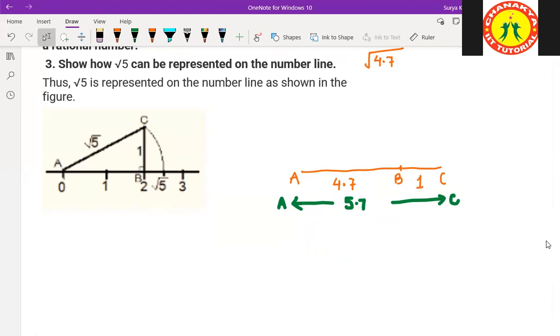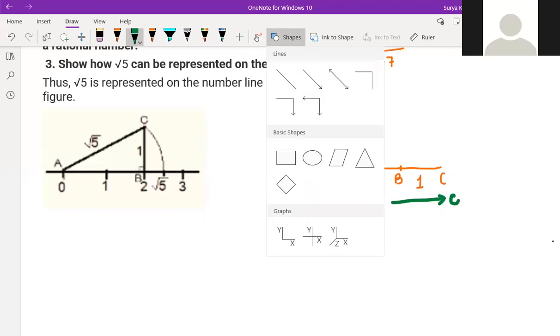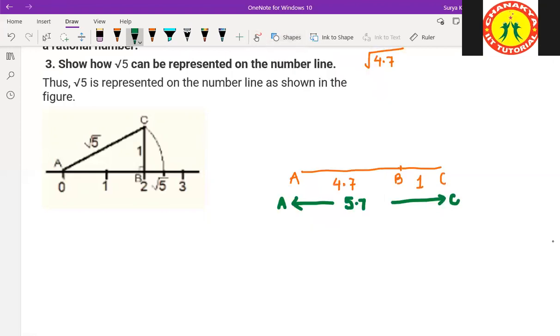Everyone did till here? Then you put one arc. Suppose this is the complete line for you. A to C is one complete line. So how to draw the perpendicular bisector of AC, you know?